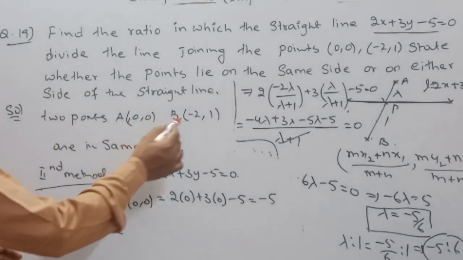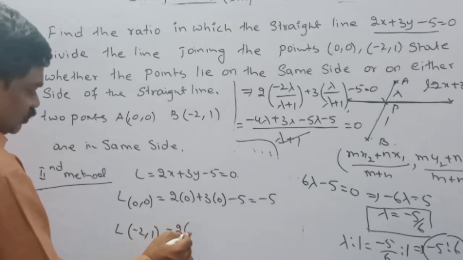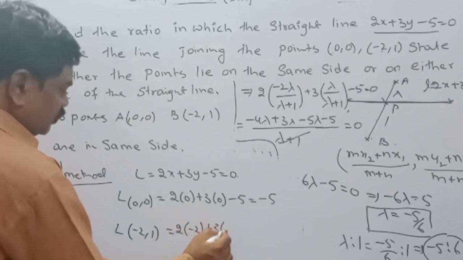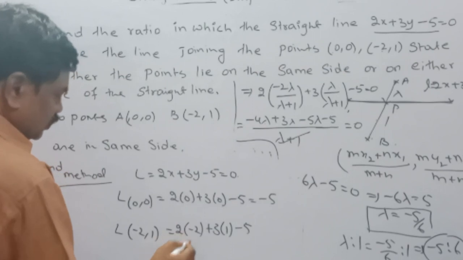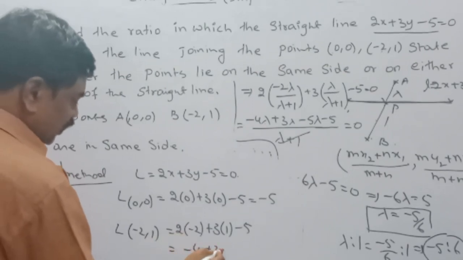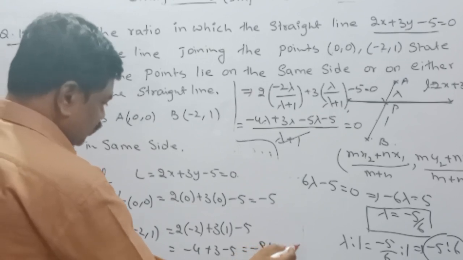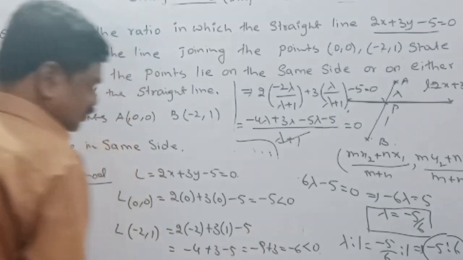Next, L of minus 2 comma 1 is 2 into minus 2 plus 3 into 1 minus 5, that is minus 4 plus 3 minus 5, which is minus 6. Both are less than 0.